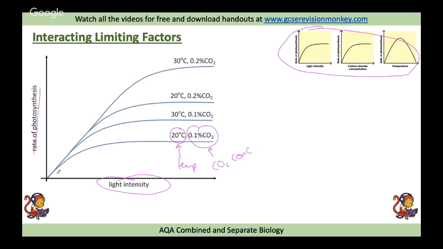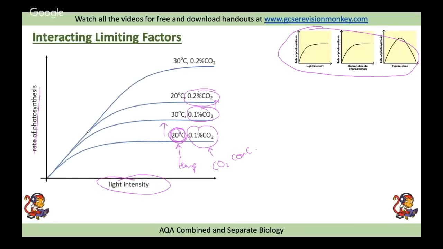So at this one, as light intensity increases, rate of photosynthesis increases, like so. However, if we increase the temperature, we're going to get a higher rate of photosynthesis. And then if we increase the carbon dioxide concentration, we're going to get a higher rate of photosynthesis.